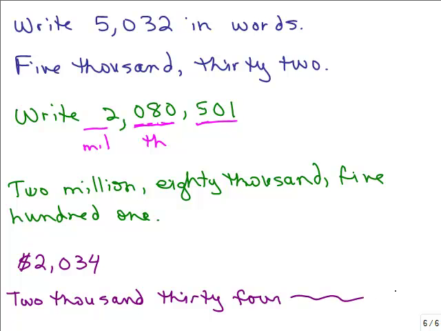And then you should use a little line here, and there's the word dollars usually on your check. When there's a decimal point and some cents, we'll be covering that when I go over place values with decimals.